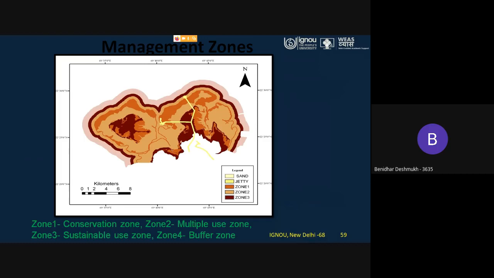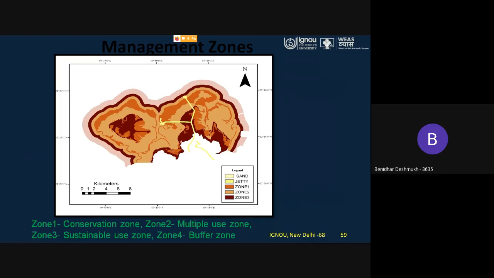This remote sensing GIS is also used for management zonation. So this is an example of that, wherein based on the habitat, land use, land cover, bathymetry, etc., different parameters, one can derive a map that could be useful for decision makers. So the decision makers or planners don't need maps which are intermediate scale. They might not be able to make much from the land use map or habitat map.